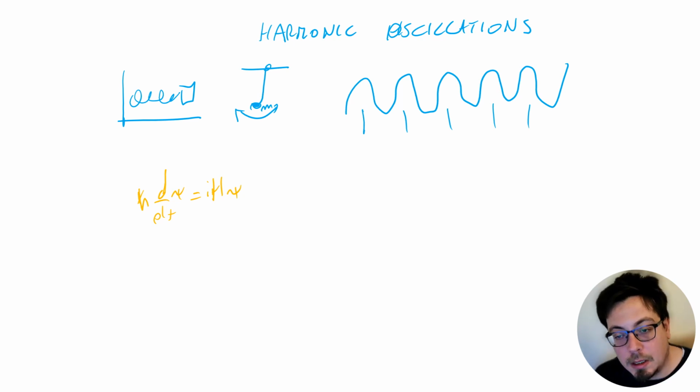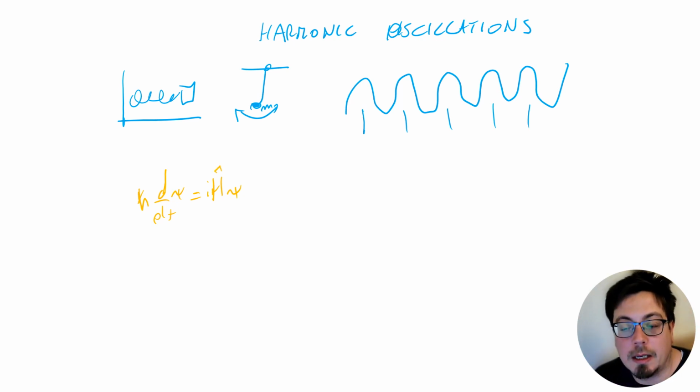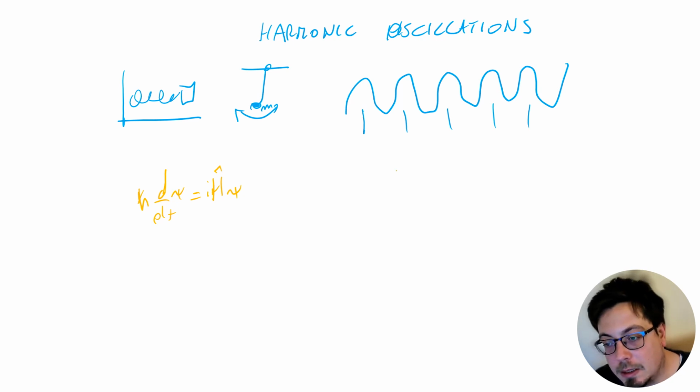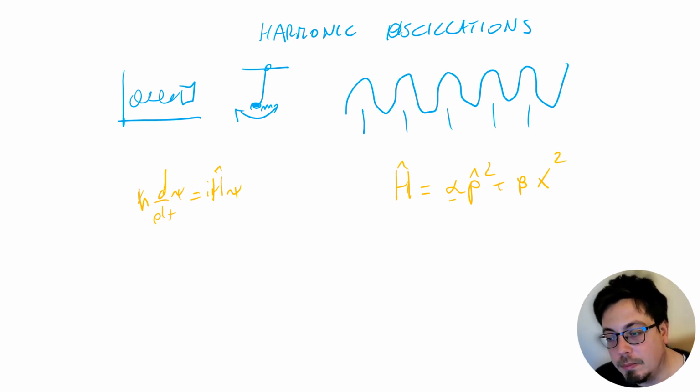We remember that the Hamiltonian is an operator, but let's say a function that has two constants that depend on the mass and on the force acting on the system.